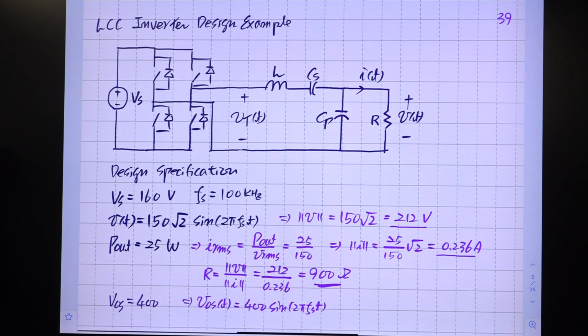Okay, this is magnitude. I should use OC. I don't know why I'm using OS. There is a mistake. It should be open circuit, short circuit, like that. So this is the design specification.